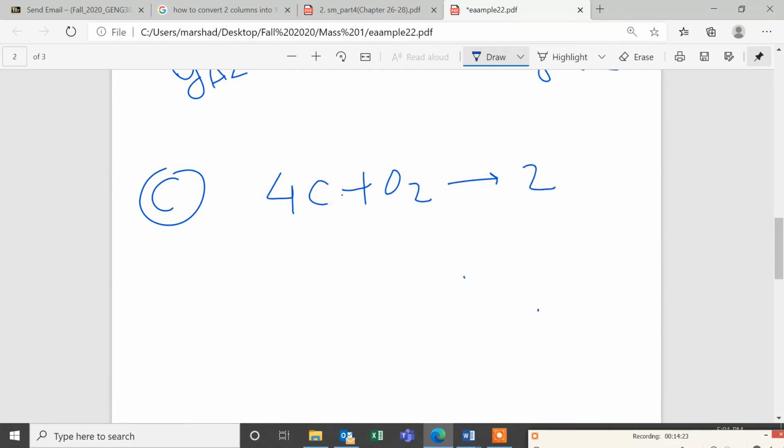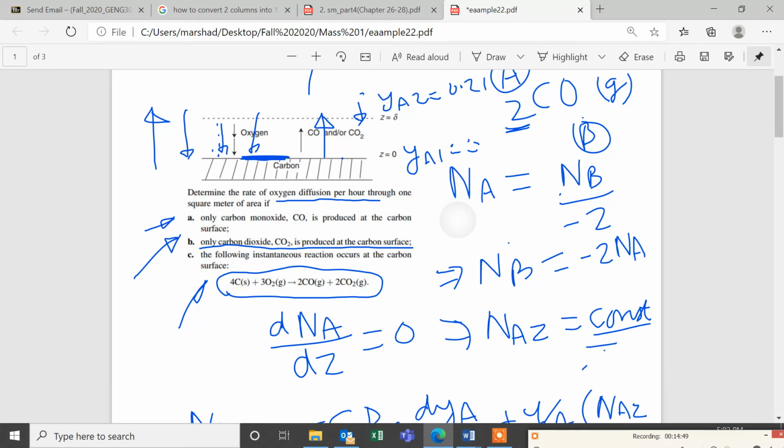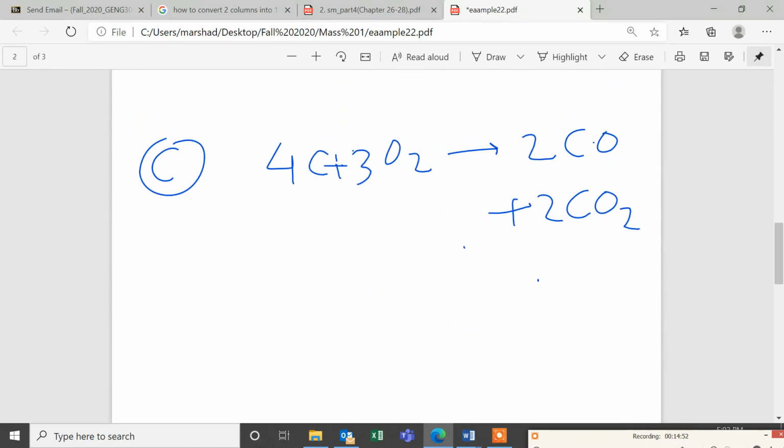So part C is 4C plus O2 giving you 2CO plus 2CO2. Basically we should have 3O2 here, since 2 plus 2 should be 3O2. Let's see the reaction here. 3O2 exactly.